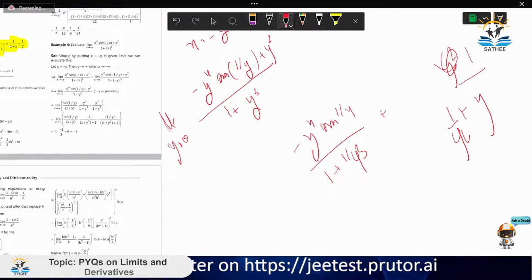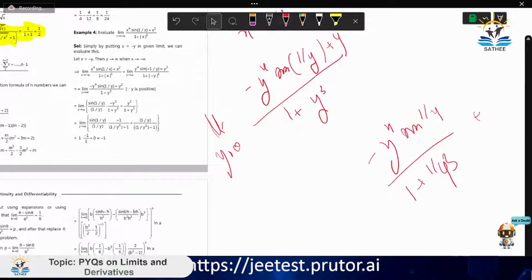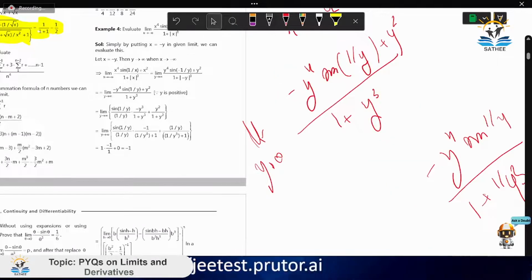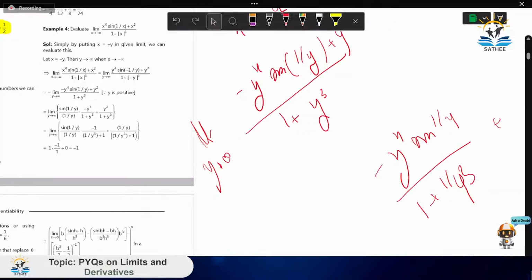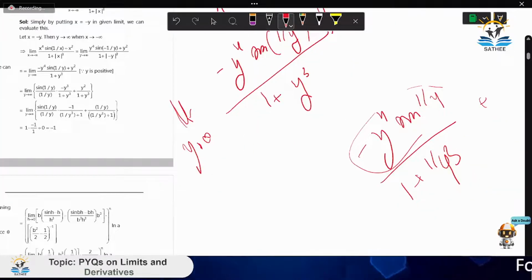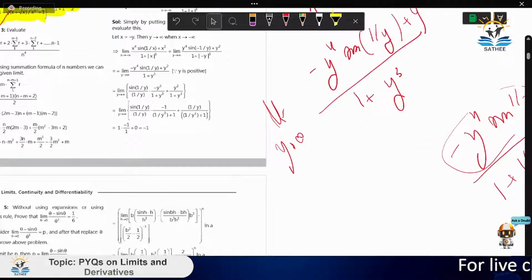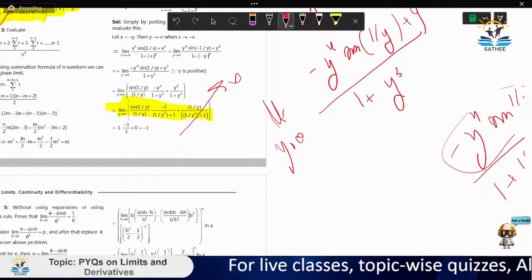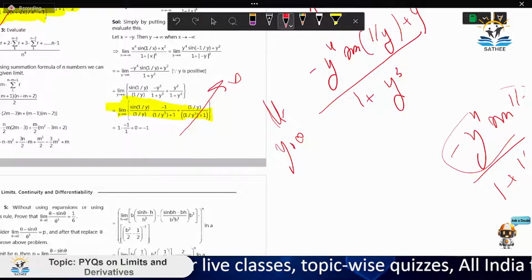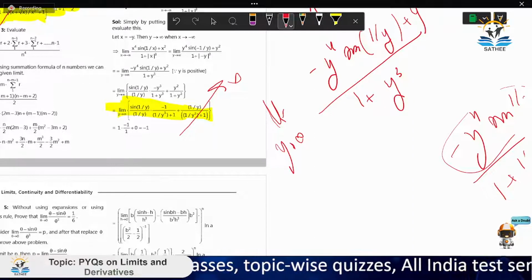So this gives me 0. And taking the 1 minus y, just see the solution, guys. So this is what the important bit is. This limit would go to 0, y would go to 0. You know the answer, right? So this would go to 0 and this would go to minus 1. So we have our answer.